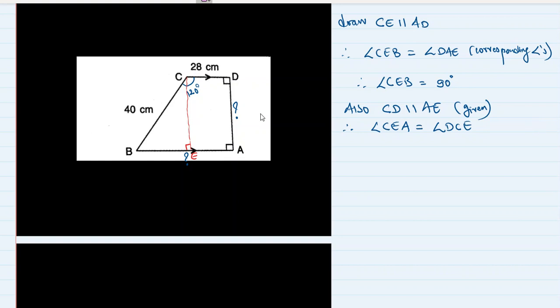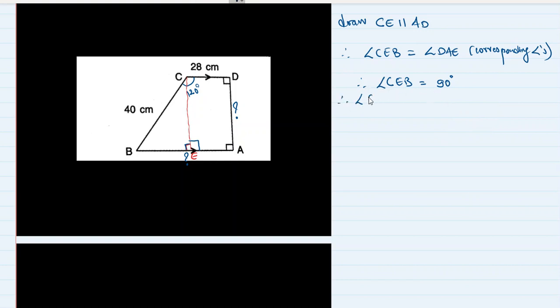Let me write it this way. I cannot write it directly equal. See, CEB is 90. So CEA has to be 90. Let me write that first. Some steps are very much necessary. You cannot skip them. So angle CEB is 90.